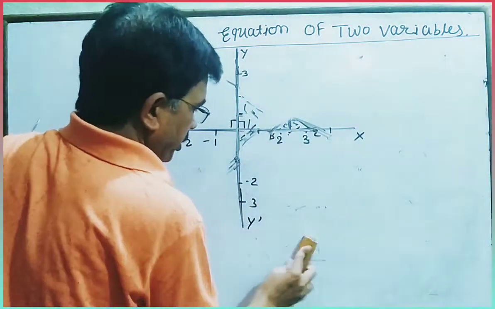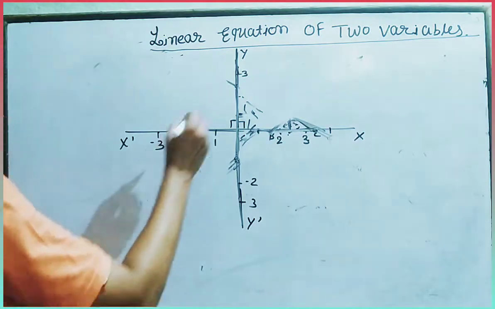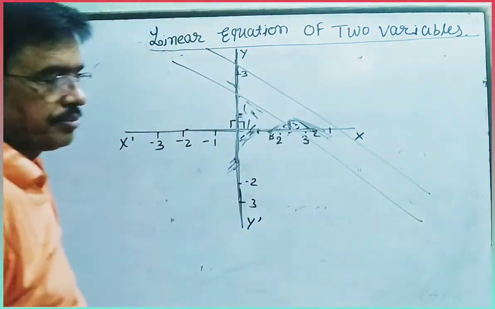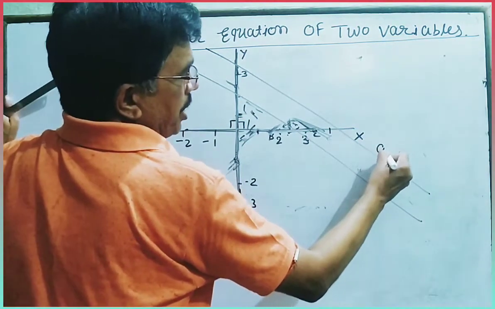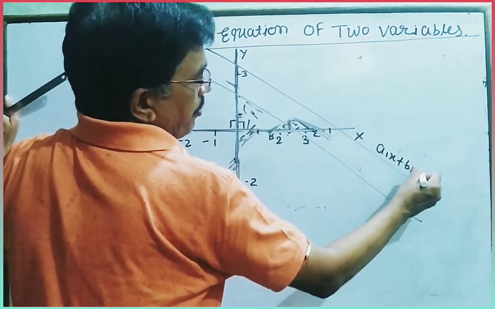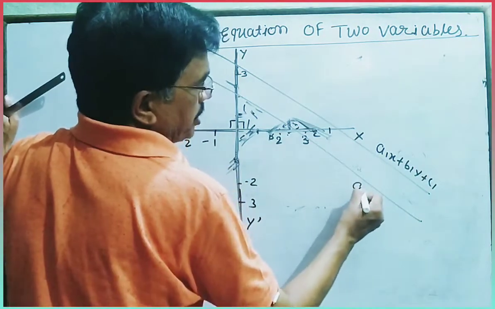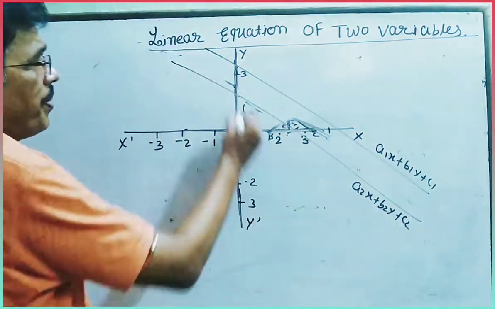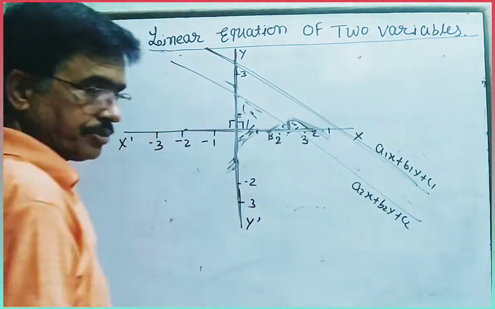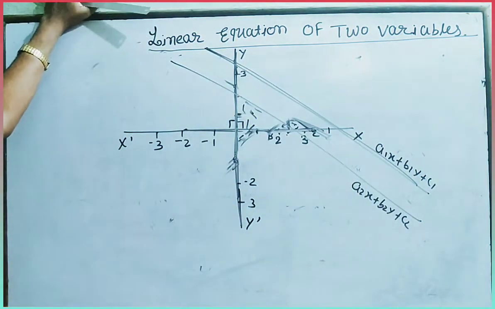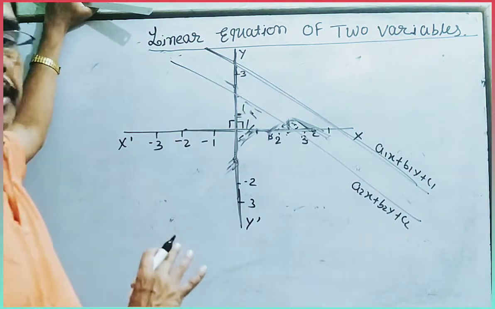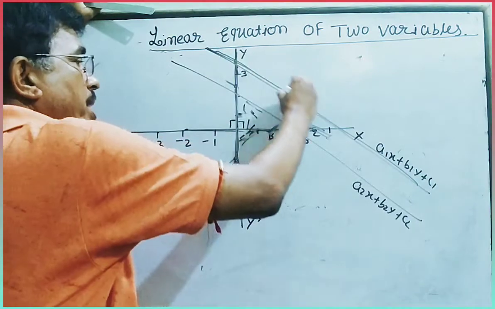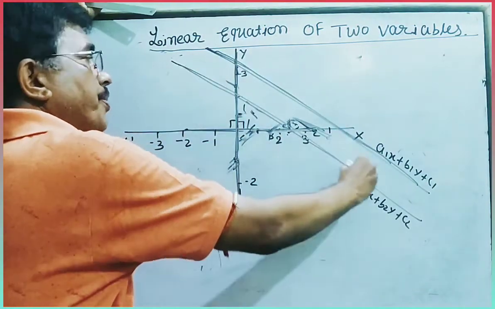When you draw the graph, you find that one line is here and the other line is there. This line is a1x plus b1y plus c1 and this line is a2x plus b2y plus c2. But both lines are parallel. What does this show? It has no solutions. There is no common point between the two lines of the equations.